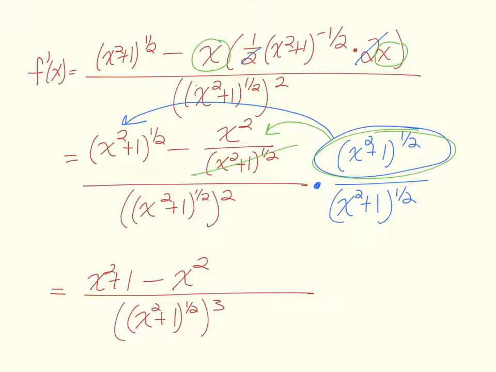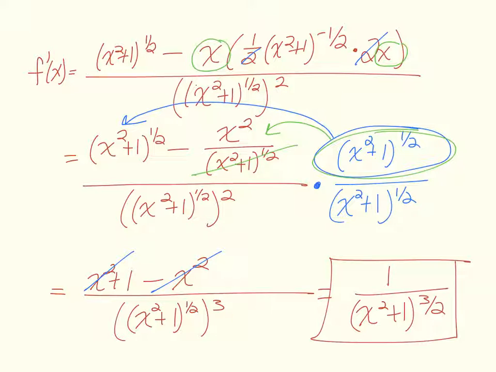So our final answer will be, in the numerator the x squared and the negative x squared cancel, so we're left with 1 over, now we can combine these together. Since we have an exponent being raised to another exponent, we will multiply these together and get x squared plus 1 to the 3/2 power. That is the simplified derivative.